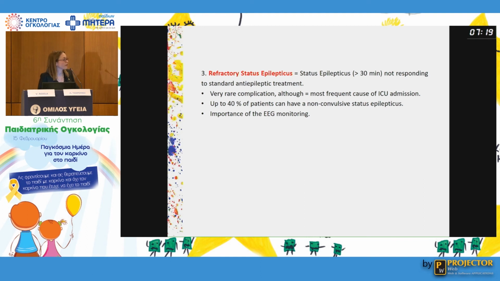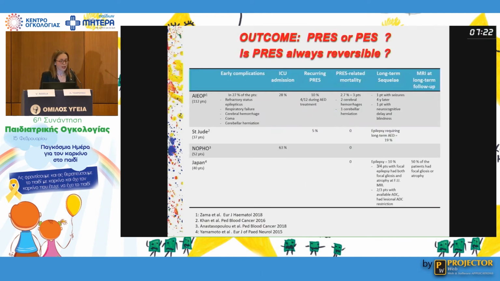on electroencephalographic monitoring. So, what about the outcome? Is PRES always reversible? Should we change the name of PRES?